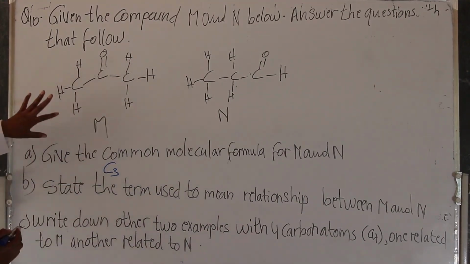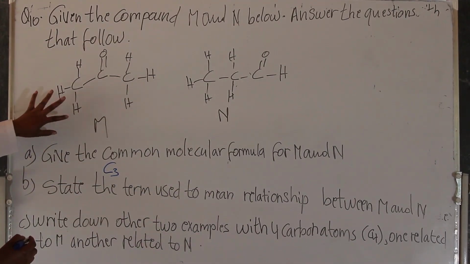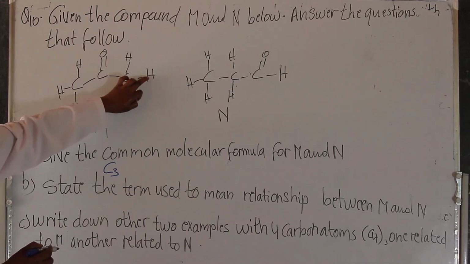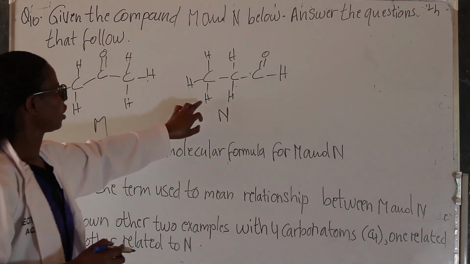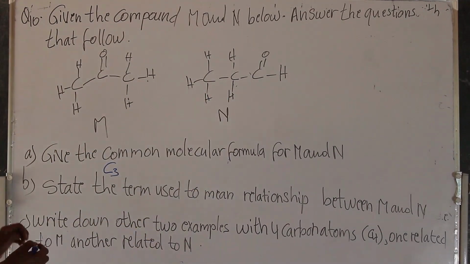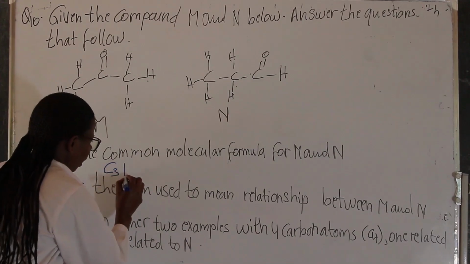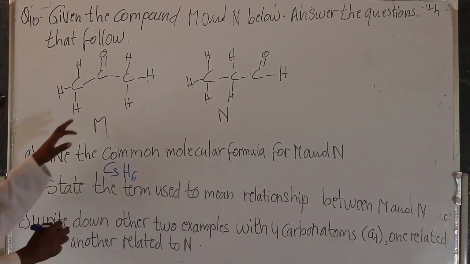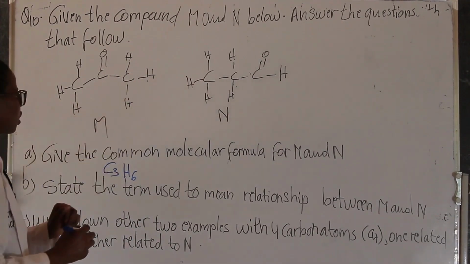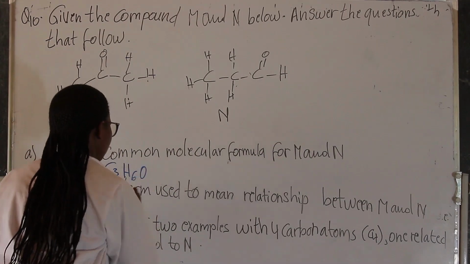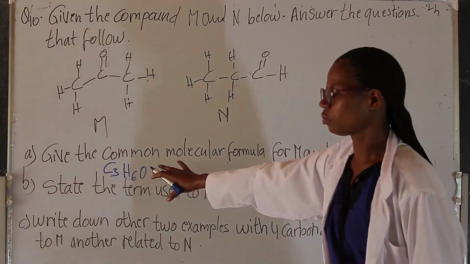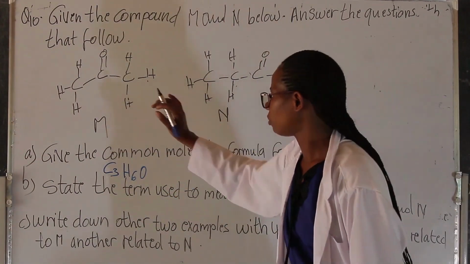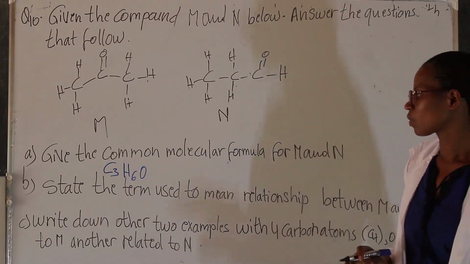Then let's count the hydrogen. We have 1, 2, 3, 4, 5, 6 hydrogen. Even here we have 6 hydrogen, means C3H6, and we have 1 oxygen. This is the common molecular formula for compound M and compound N.